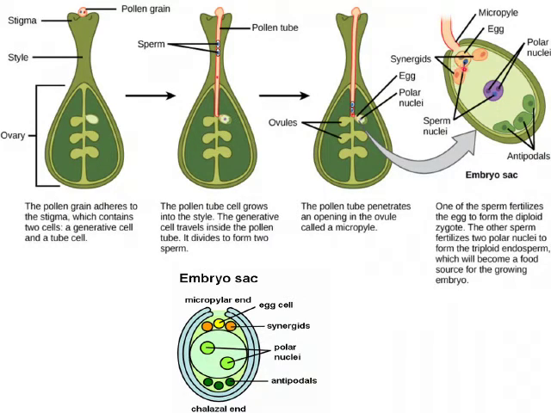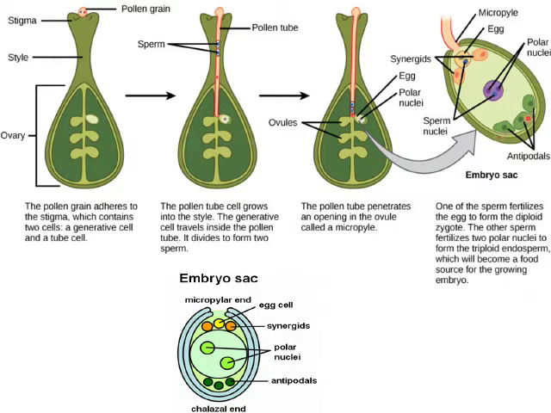First was the fusion of male and female gamete, sperm nuclei and the egg, called fertilization. The second takes place where the two polar nuclei fuse with the sperm nuclei. Since fertilization takes place two times, once here and a second time here, it is called double fertilization.